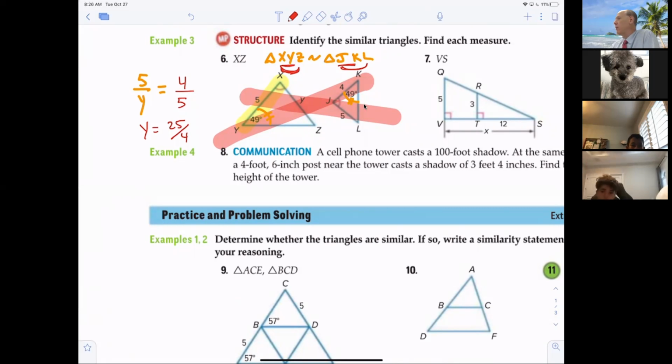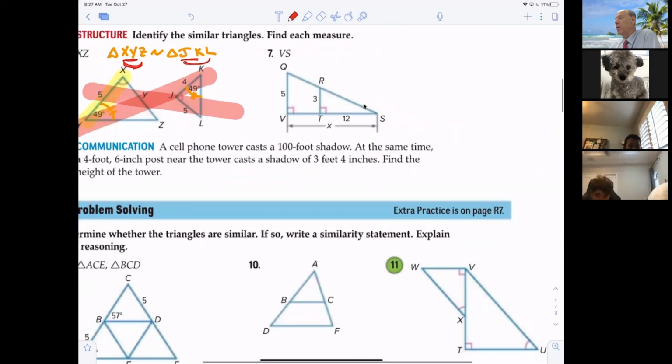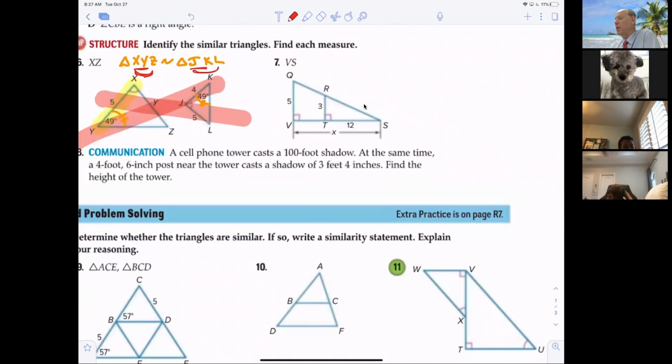Everybody good on that? Okay, so now here, question number 7. And like I said, I think personally these are super important because a lot of similar triangles are on the tests, on standardized tests. All right, so now the question is, how are the triangles similar?